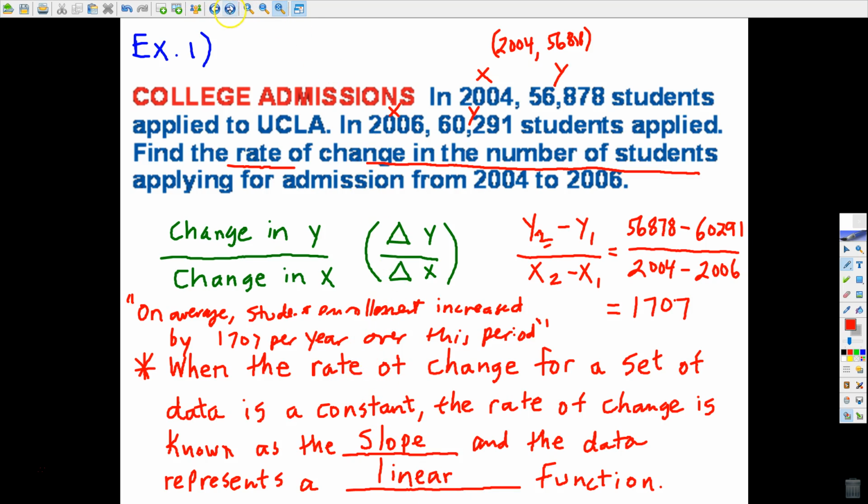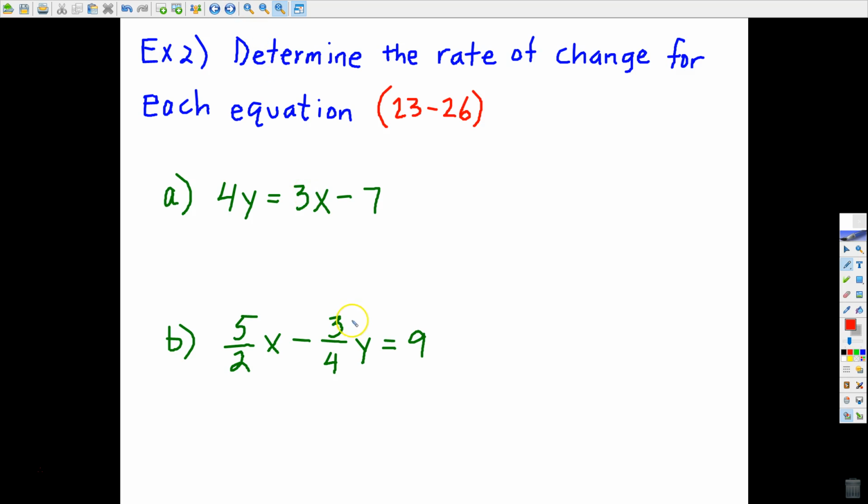Very good. Okay. My second example, you're going to be doing some problems like this where instead of being given a scenario, you're just given an equation and you're asked to determine the rate of change. So rate of change can be found by looking at the slope-intercept form of the equation and then taking the coefficient of x, which stands for the slope.